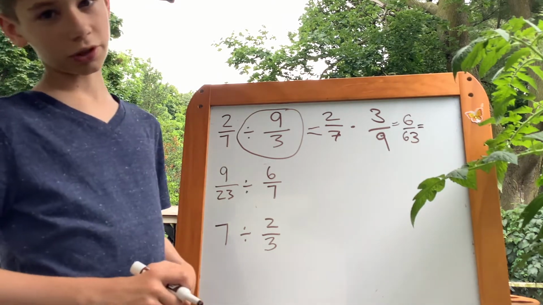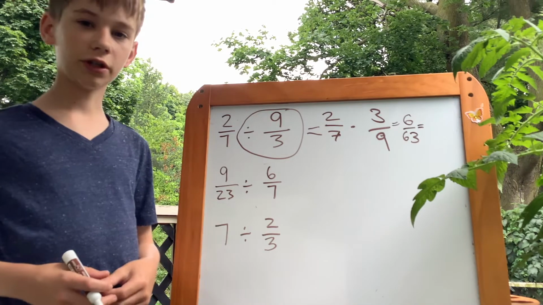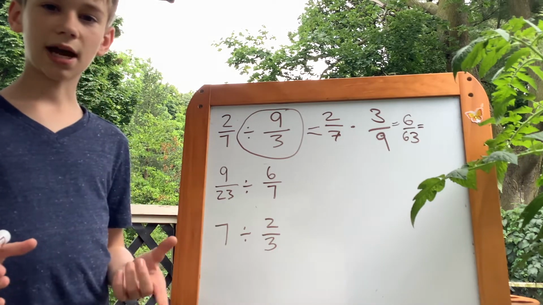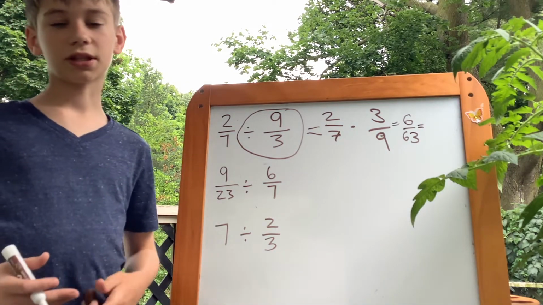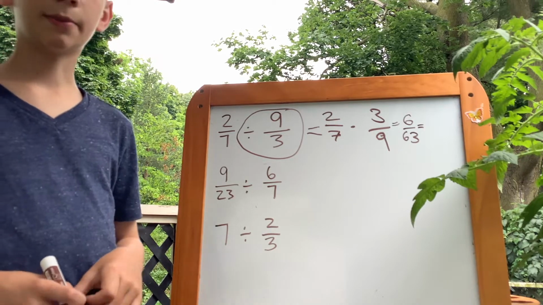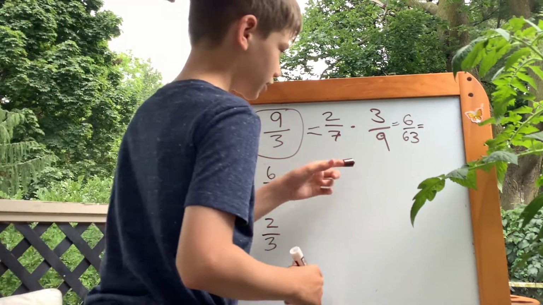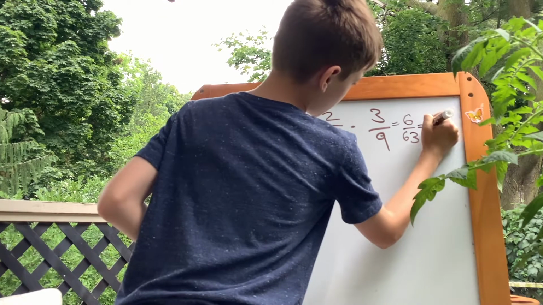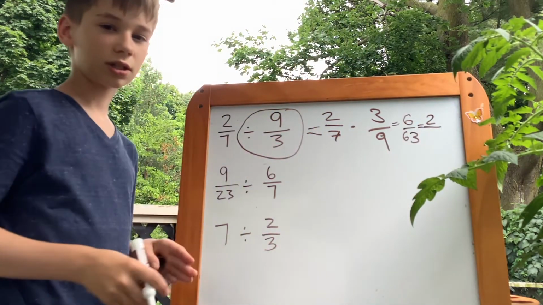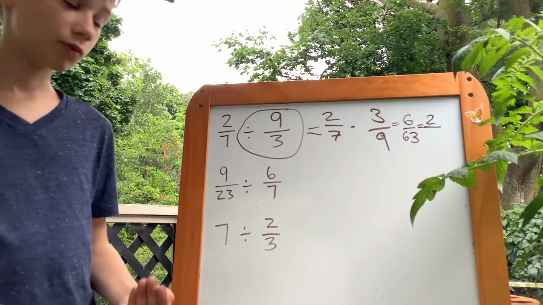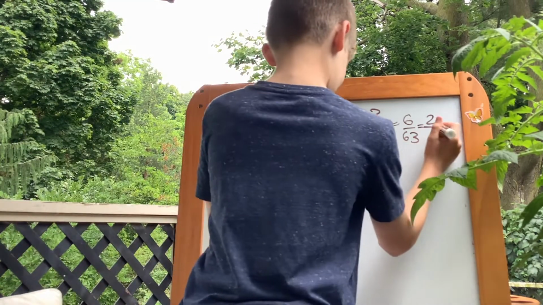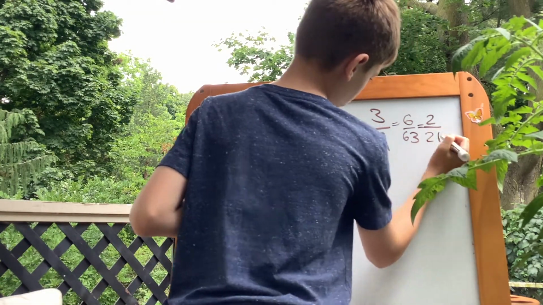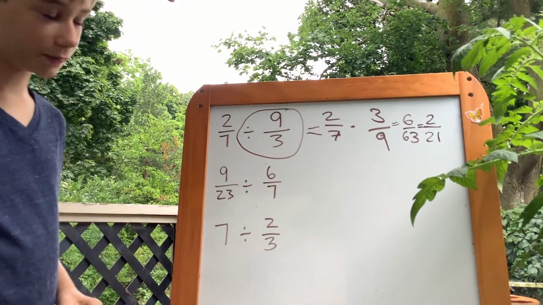We know that 3 works because the divisibility rule of 3 tells us that if the digits added together give us a number that's divisible by 3, we know that the number is divisible by 3. So 6, we immediately know is divisible by 3. But 63, 6 plus 3, we know is 9, which is, again, divisible by 3. So we know it's 2/21, and that is our final answer.